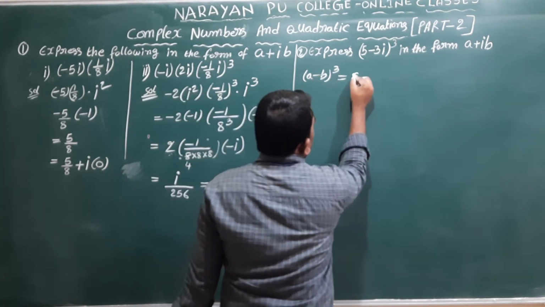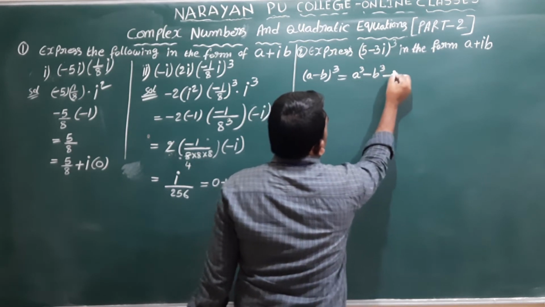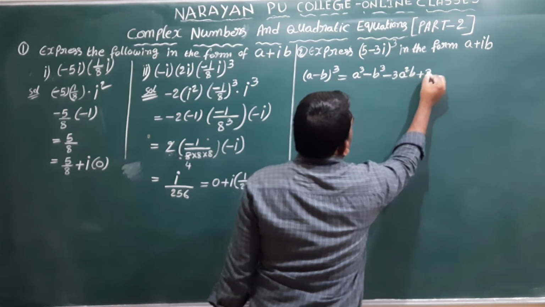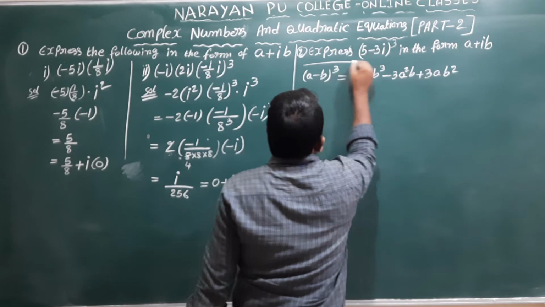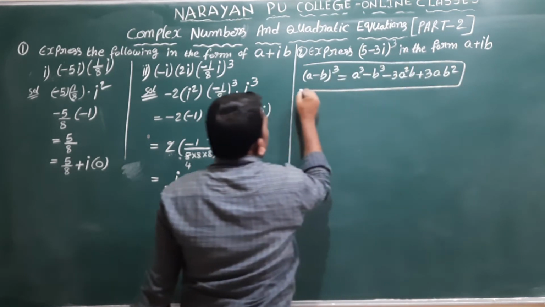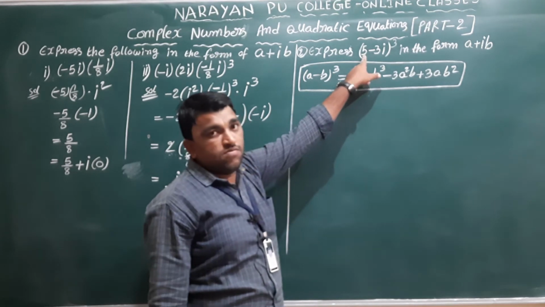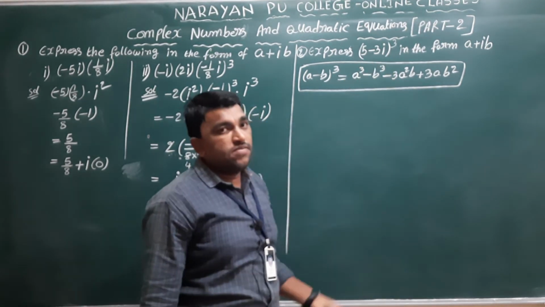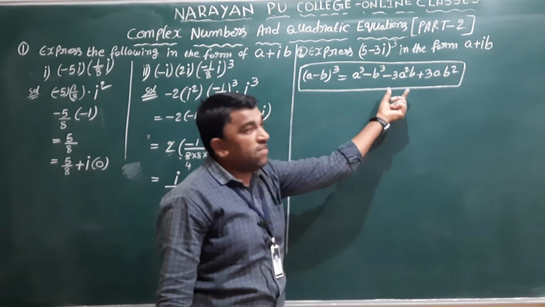The formula is a cube minus b cube minus 3a square b plus 3ab square. Here a is 5, b is 3i. So a minus b whole cube form applies the same formula.